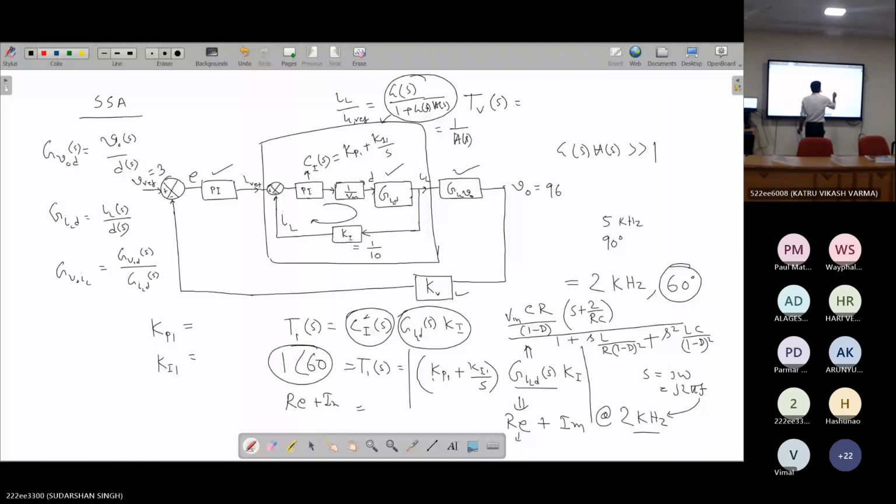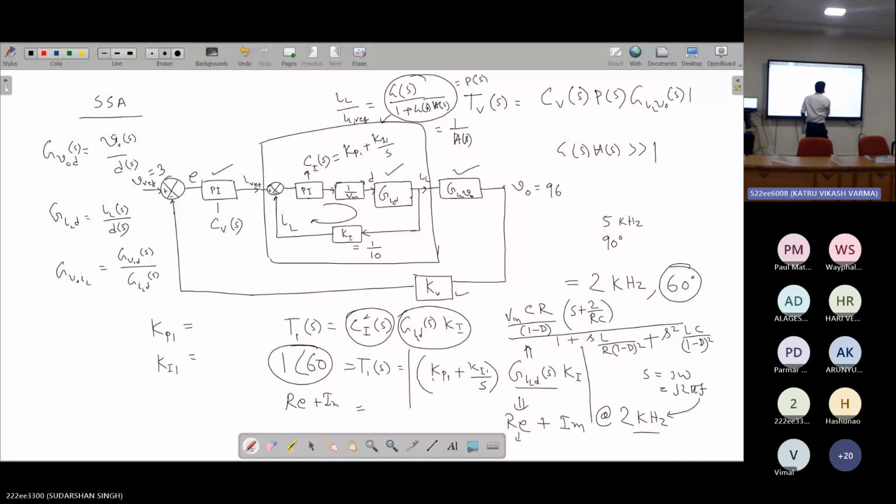Now what is the outer loop gain? Outer loop gain is obviously this total thing, which I can consider as P(S). So the outer loop gain is now CV(S), your outer loop PI controller, into this P(S), into G_ILV0(S), into your KV.